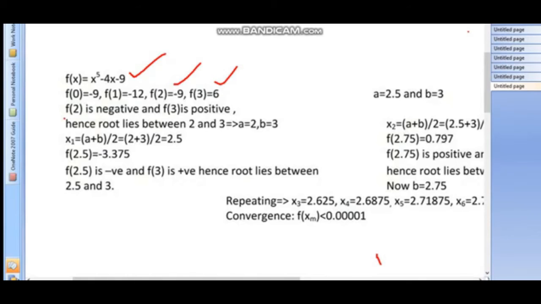where you get these negative and positive values as your interval. So we have f of 2 negative here and f of 3 positive, hence the root of the equation lies between 2 and 3, these are the x values, which implies a equal to 2 and b equal to 3. That is your interval. So in between that interval your function f of x should have 0.